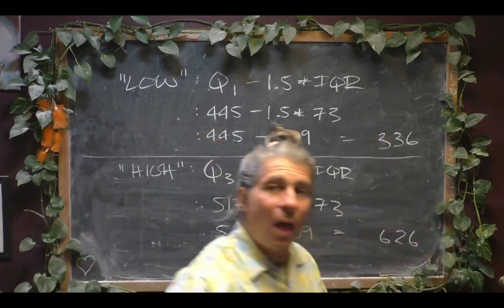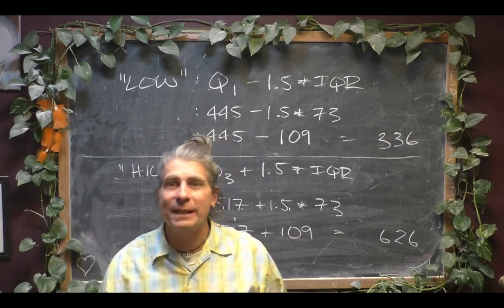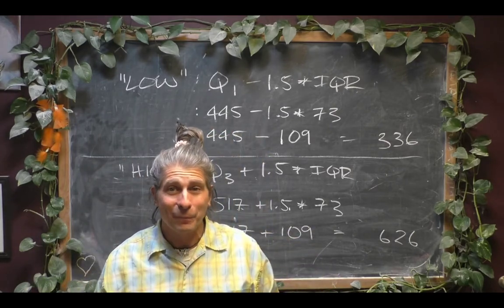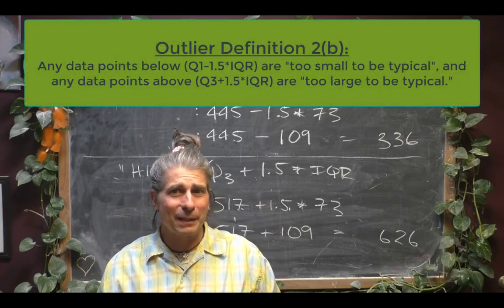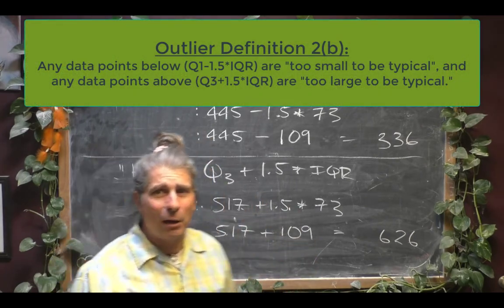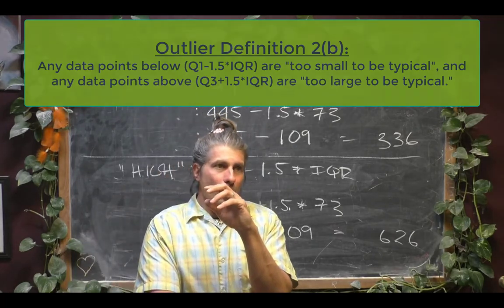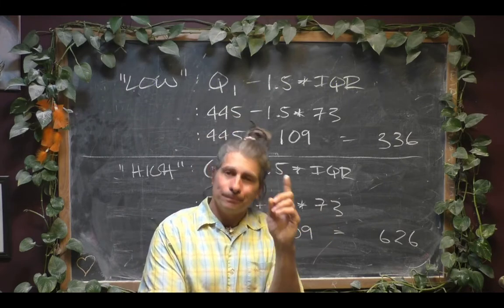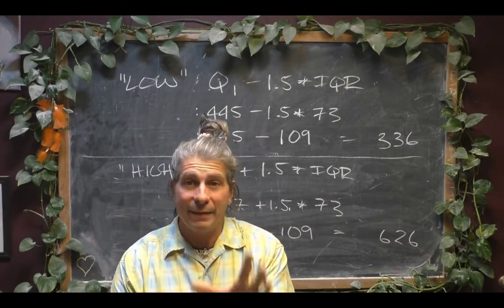So by this definition of outlier, I'll call this outlier definition 2B. And I'm just going to write it in the little box on top of me there, because trying to say those formulas out loud without tripping over my own tongue is going to be next to impossible. We don't have any outliers. Now, if that bugs you, please don't be bugged by this.